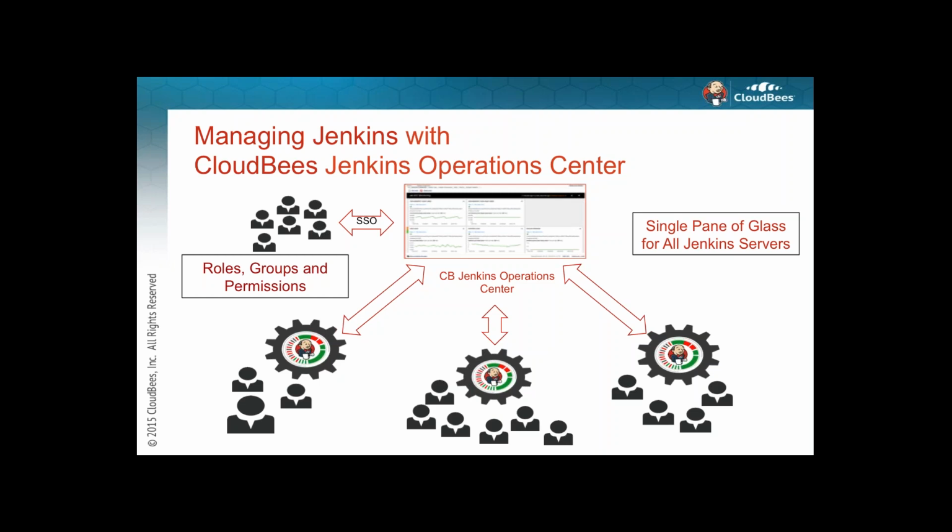Common maintenance tasks can be automated. The administrator can also enable things like single sign-on between Jenkins masters, role-based access control to hide certain things, prevent certain people from logging into certain masters, even prevent people from seeing entire folders filled with projects. So that's just one aspect of our platform.